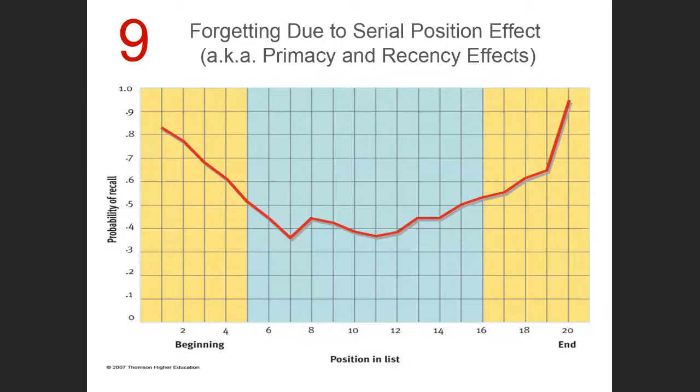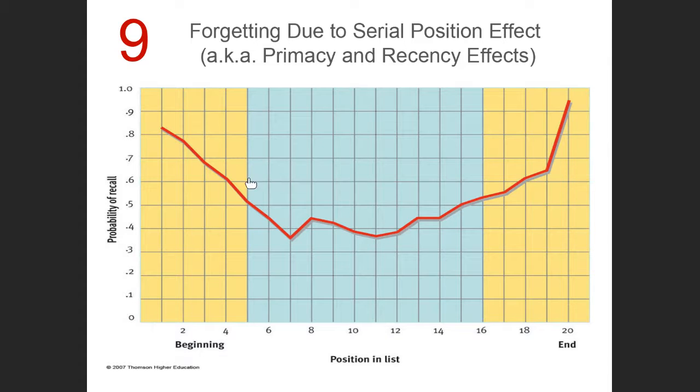Whenever you're learning something, in this example, this graph, I'm sorry, it's not a bar graph, it's a graph, is showing us memorizing words. It shows us that if we're memorizing words, we're more apt to remember the words at the beginning of the list and the words at the end of the list.